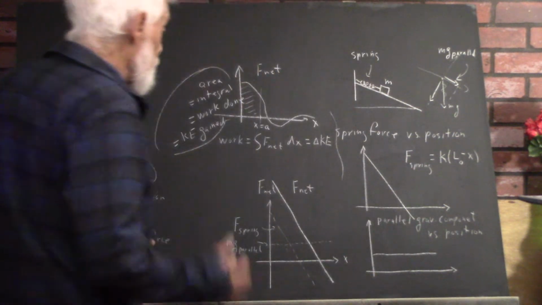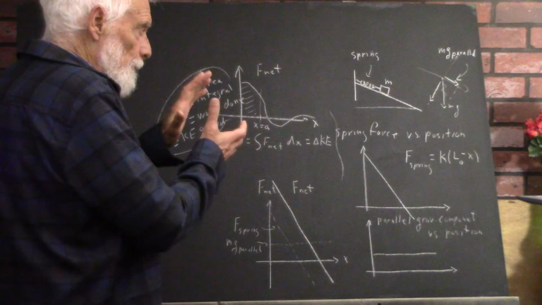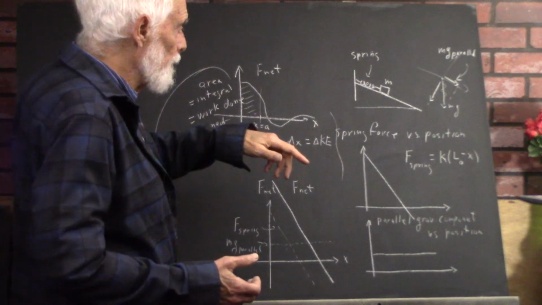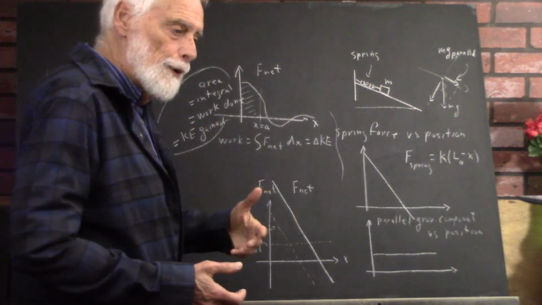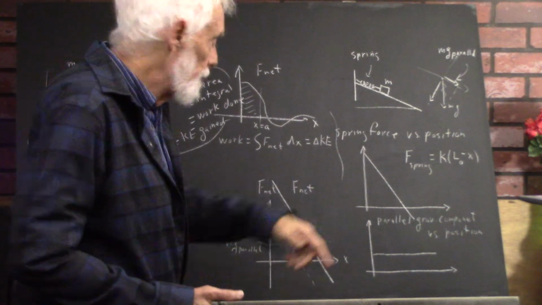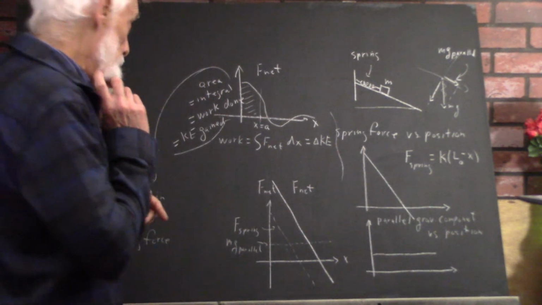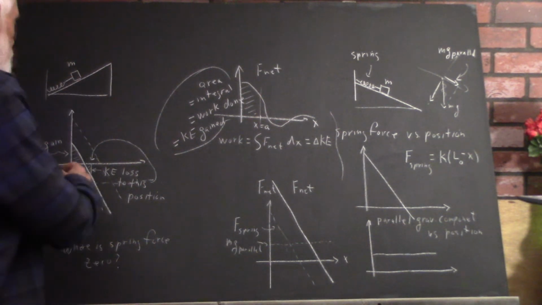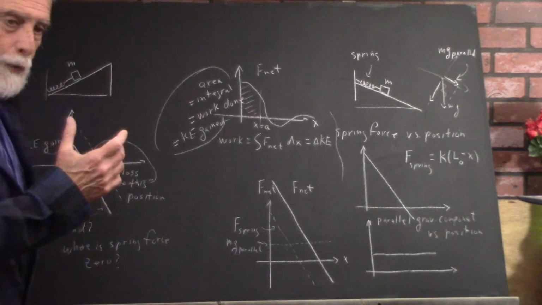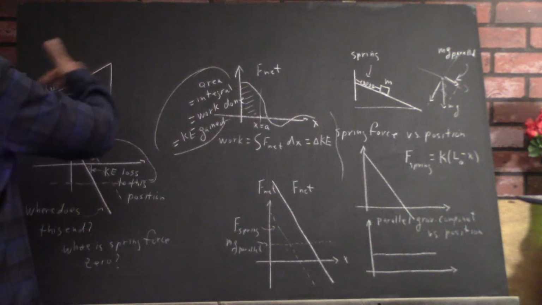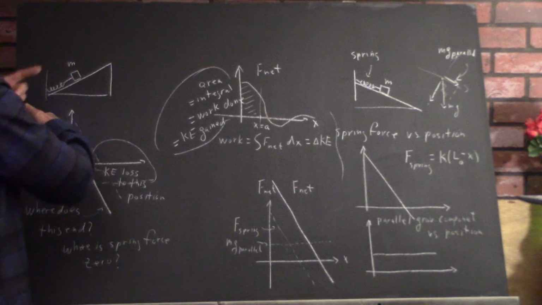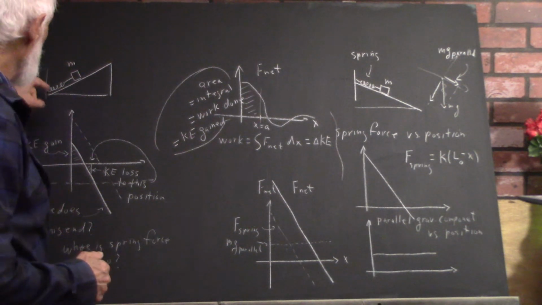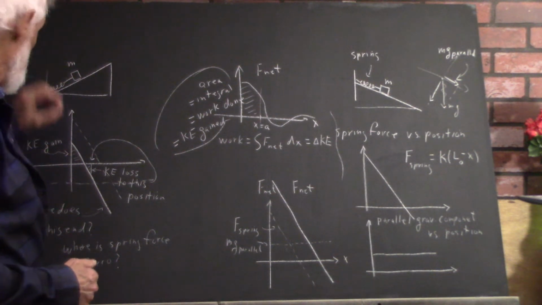If the spring is compressed, it tends to enhance the force of the gravitational component parallel to the incline. And you can also have the situation where the gravitational component of the weight is in the direction opposite the direction of the force of the compressed spring.